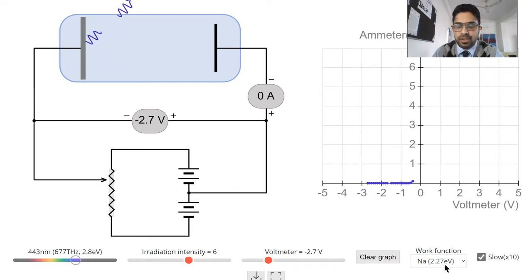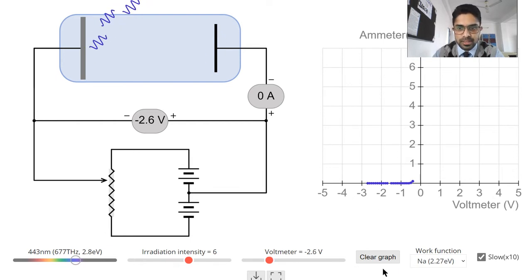So now the electron has an extra 0.53 electron volt, right? Using this extra 0.53 electron volt as its kinetic energy, the electrons can jump from the emitter to the collector even if there is no potential difference, or as I can say, even if this plate, the collector, is not at a higher potential.